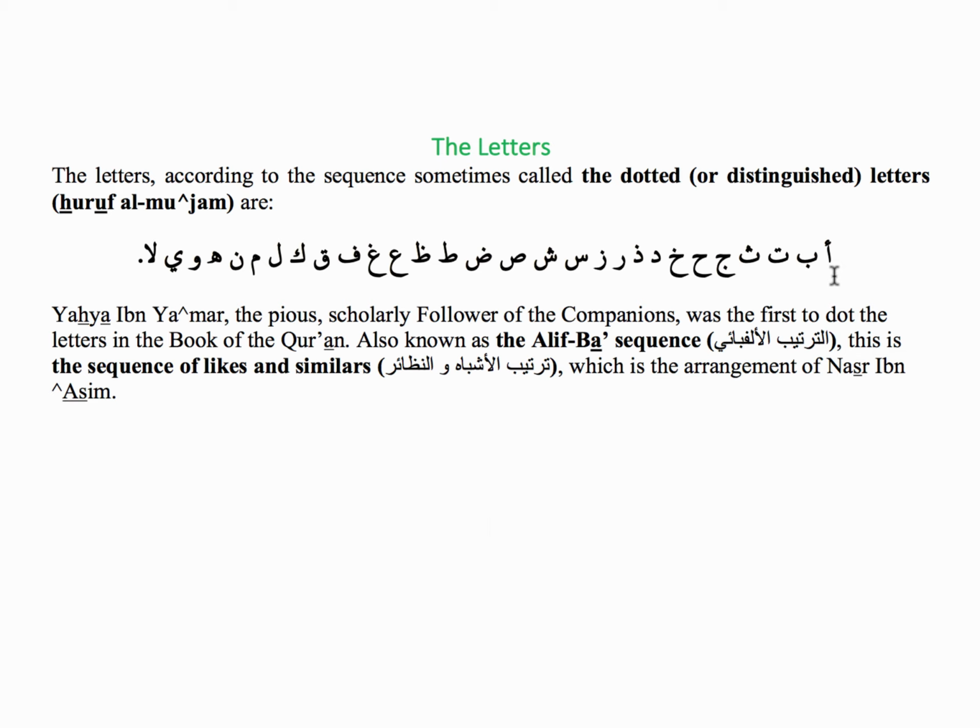This same hamza is sometimes written on a waw, sometimes on a ya, and sometimes by itself, just sitting on the line. Whether it's written on an alif, or a waw, or a ya, or just sitting on the line all by itself, it's called hamza.